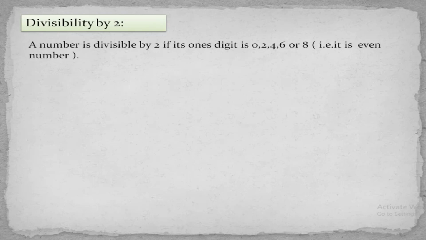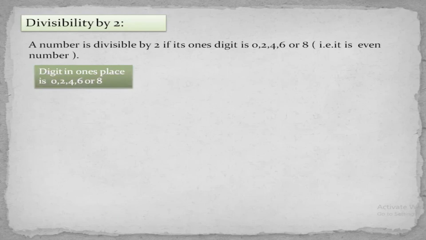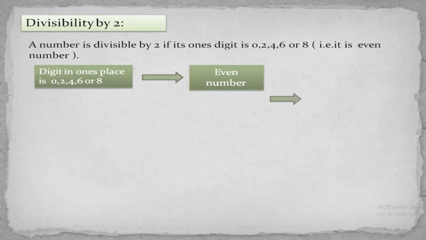The first divisibility rule we are going to talk about is divisibility by 2. The rule states that a number is divisible by 2 if its ones digit is 0, 2, 4, 6 or 8. That is, it is an even number, and thus it is divisible by 2. So if the digit in the ones place is 0, 2, 4, 6 or 8, the number is even, and since it is even, it is divisible by 2.